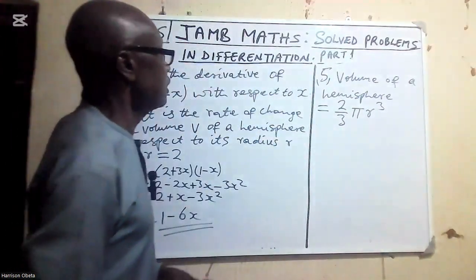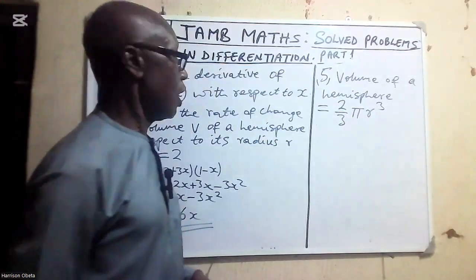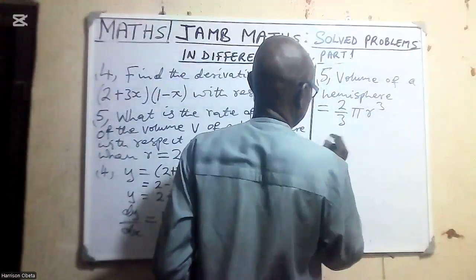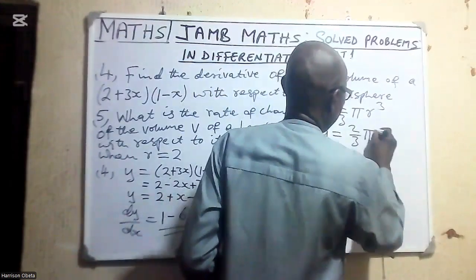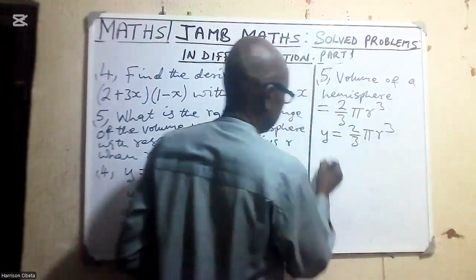So if we differentiate with respect to r, in other words, we are now talking of y equal to 2 over 3 pi r raised to power 3.